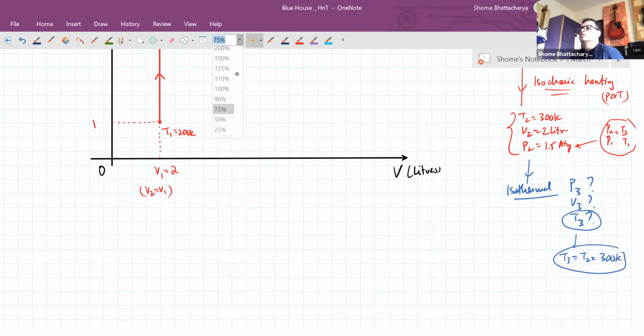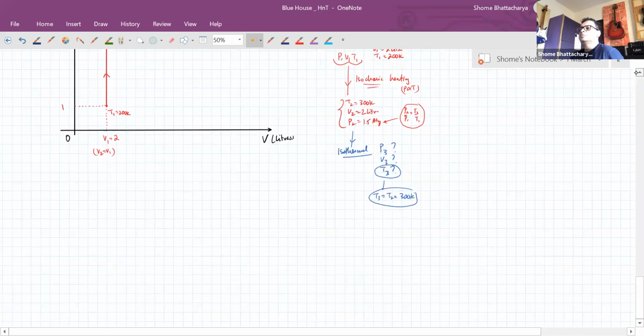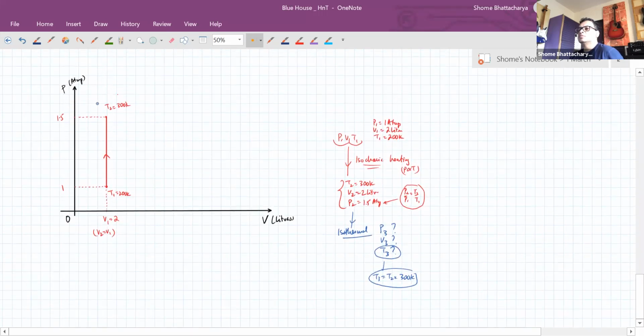Instead of drawing the whole isothermal process, we will just draw an isotherm and see what we can predict about the direction in which we are going. So we'll draw a hyperbolic graph which represents an isotherm passing through this point. This is the isotherm at a temperature of 300 Kelvin.